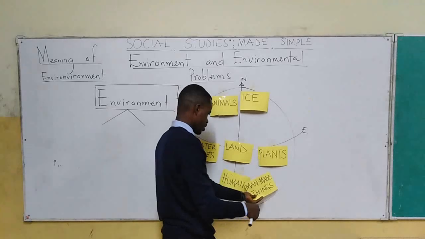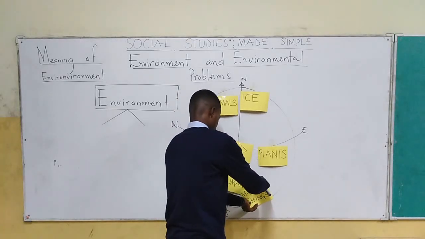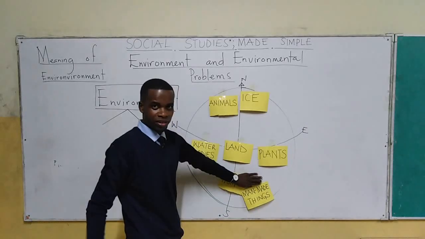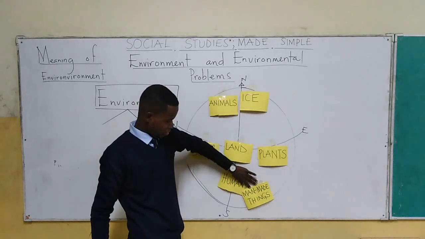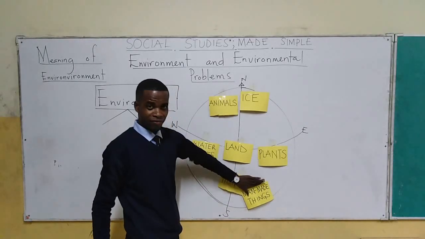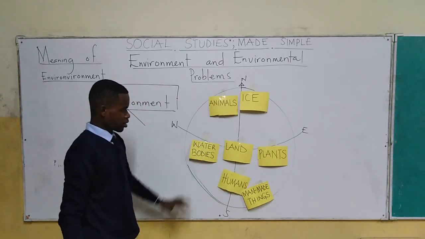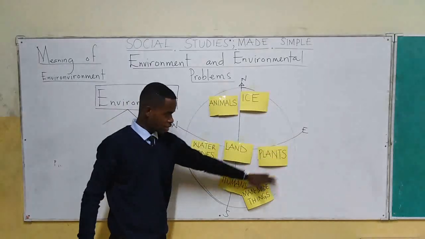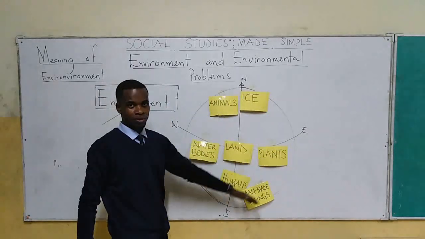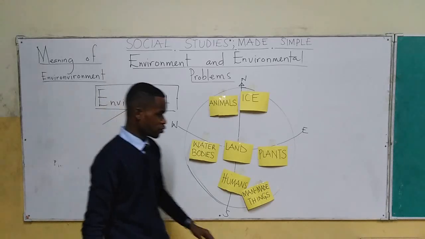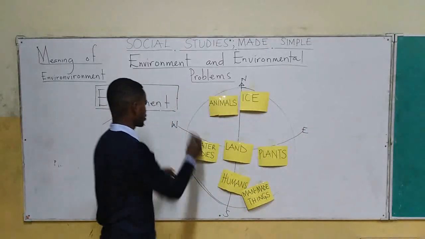Humans have created so many things which don't exist by nature. Therefore, we can call them artificial or man-made things, the inventions. These things we find, these are the major components of the earth. You can mention so many, and we have to look at how they are classified.